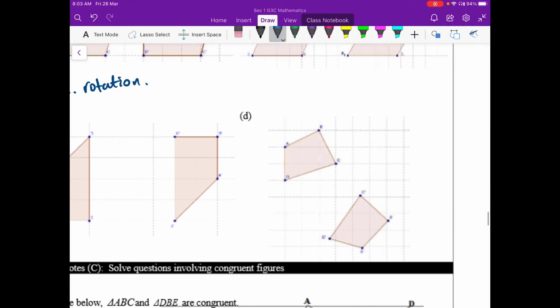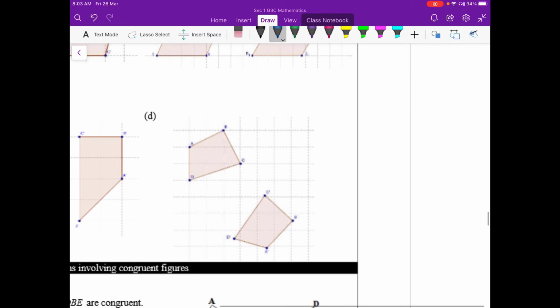Okay, and the final one. Do they have the same shape? Same size? Is it a translation? That means moving how many units to the left, right, up, down? No, right? How about rotation? Is it rotation? Then what is it? Reflection. I think it is along this line, just my estimation only.